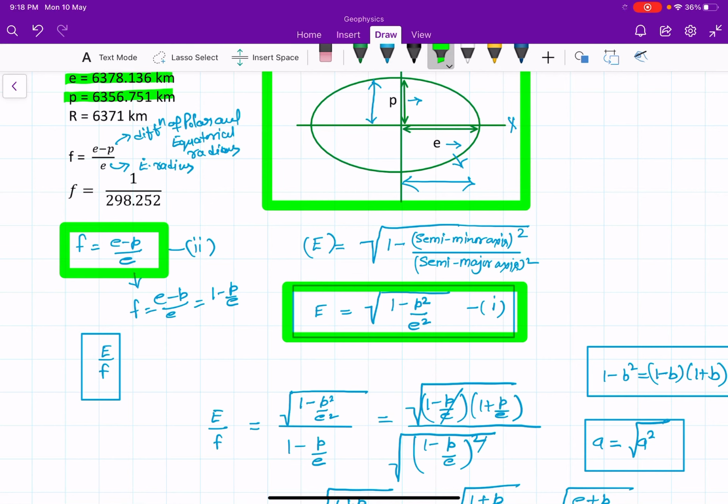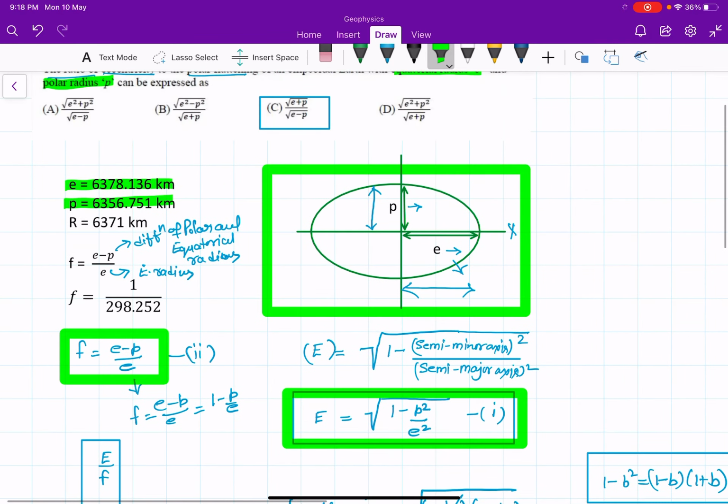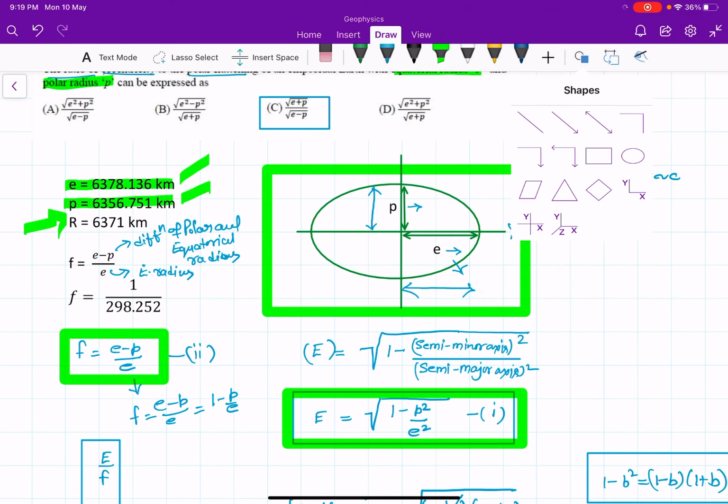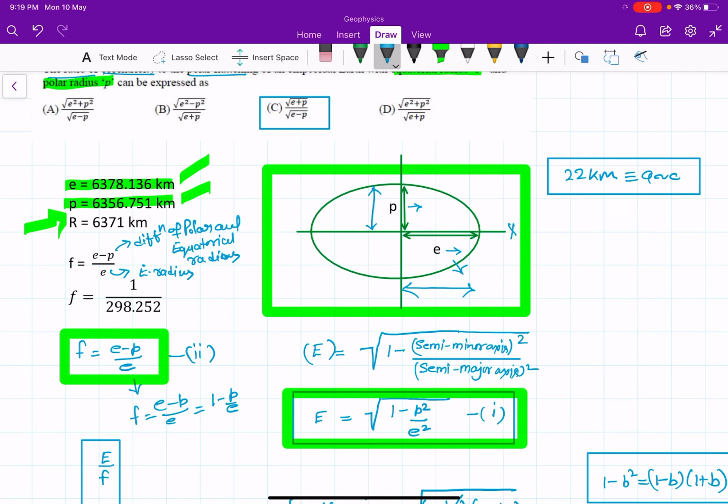These two formulas you have to remember, and the values of the equatorial radius, polar radius, and the average radius of Earth. Sometimes the question may ask the difference of polar and equatorial radius. This is near about 22 kilometer, that is a minus c. Sometimes the question may ask the difference of a and c.